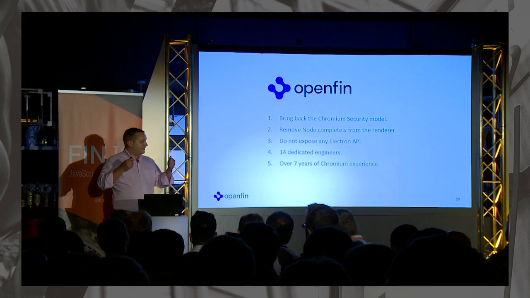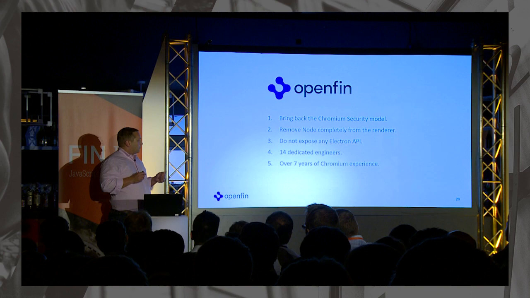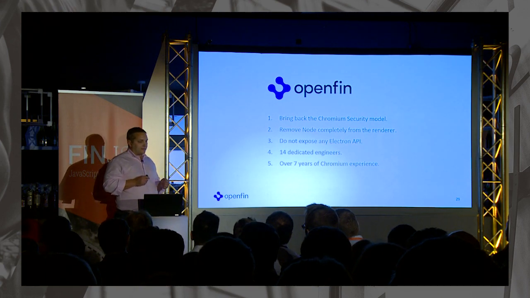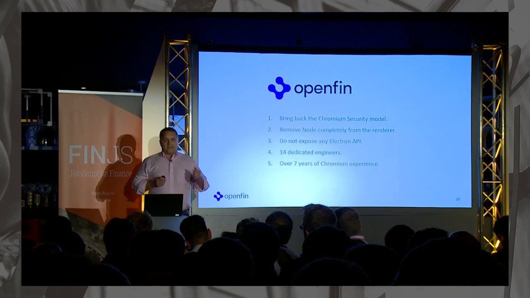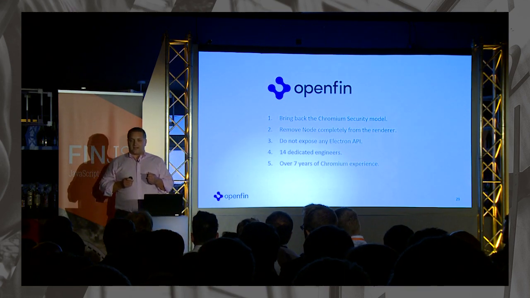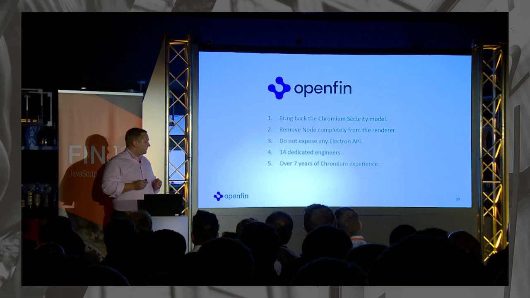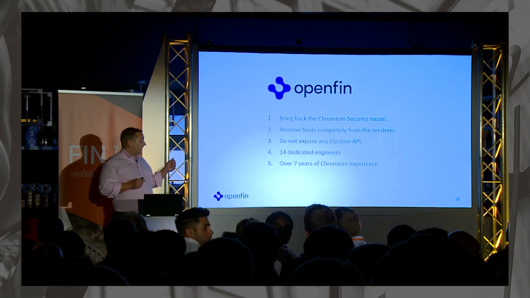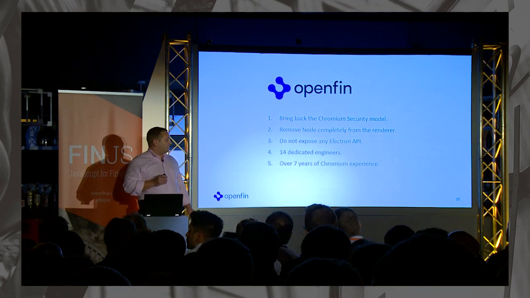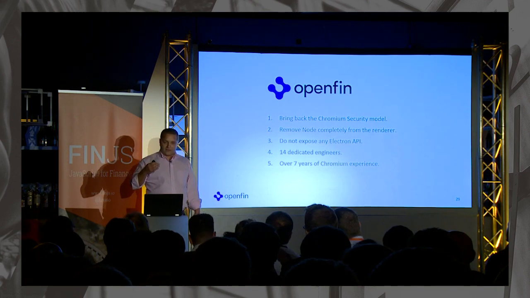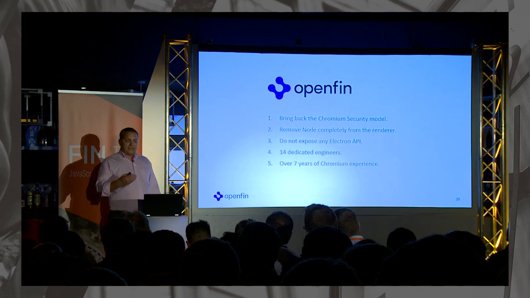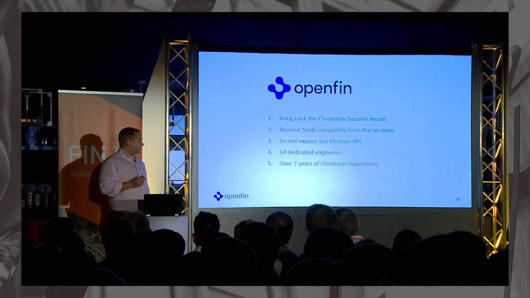We've reinstated that security model. We've removed Node completely from the renderer, right? So there is no possibility of spinning up Node in the renderer process where untrusted content is being run, right? And we also completely close out the Electron API so that all the exploits that exist for the Electron API aren't leaking into your code base, right?